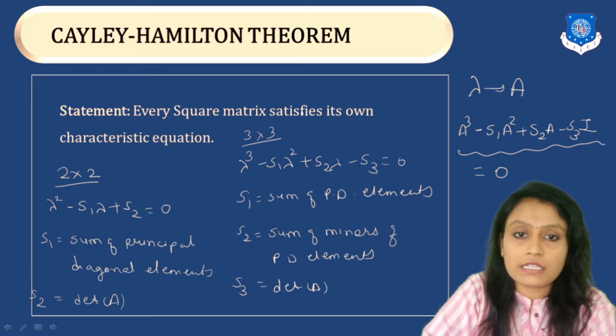So this statement says that every square matrix satisfies its own characteristic equation.